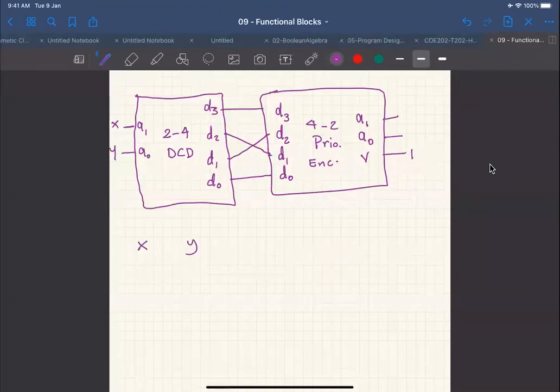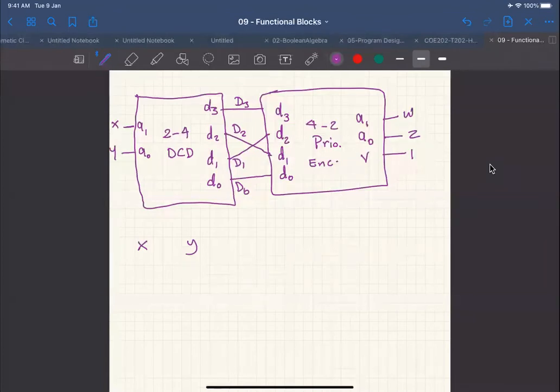So let's say that this is W and this is Z. And let's call these big D's, okay? D3 and D2. The output is D2 here, and D1 and D0, okay?